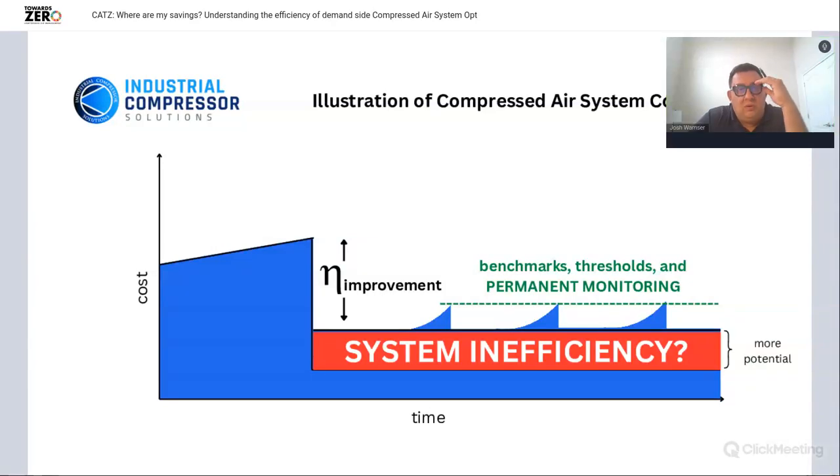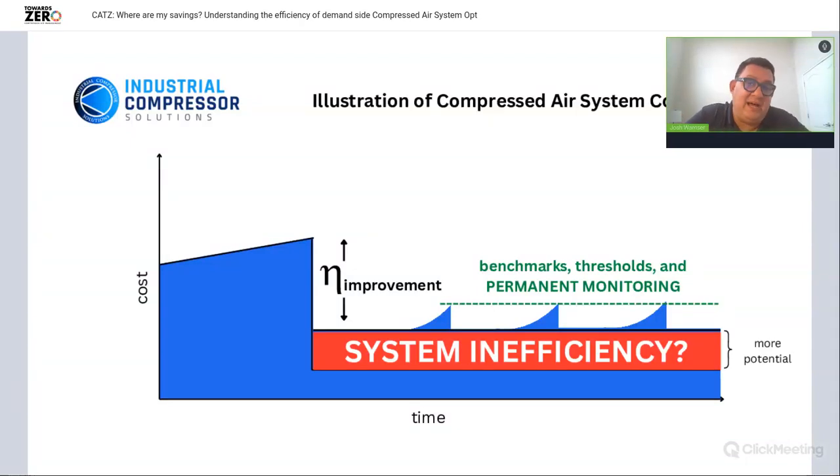Hopefully, when we know what to look for, we're going to be able to work with our customers using benchmarks and thresholds to say, hey, we know that this optimization is going to start to fall off. Once we cross this line, now we say, okay, let's come back in and push it back down.